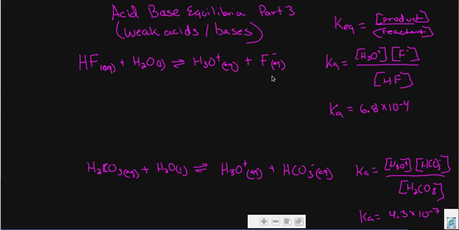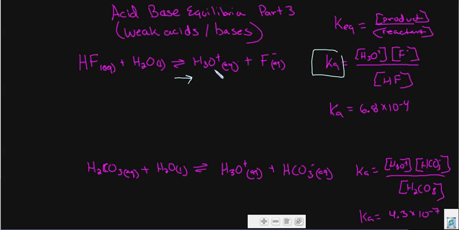An equilibrium expression for acids we call a Ka, the acid ionization constant. And then we also have a base ionization constant. An acid ionization constant, of course, is only necessary for weak acids because weak acids create an equilibrium, whereas with strong acids, you just have a big arrow here.